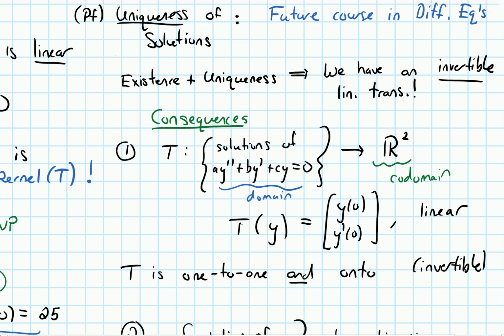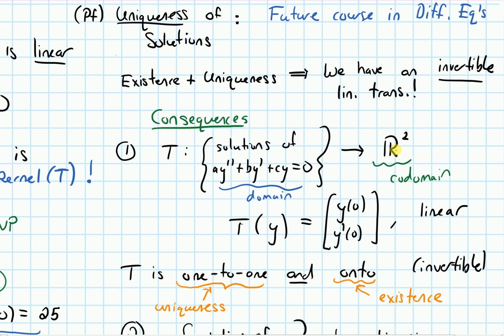So the fact that this transformation is 1-to-1 is what guarantees the uniqueness portion of this. So we can't have two different solutions that get mapped to the same initial conditions here. So the fact that it's 1-to-1 guarantees the uniqueness, and the fact that it's onto, that guarantees existence.